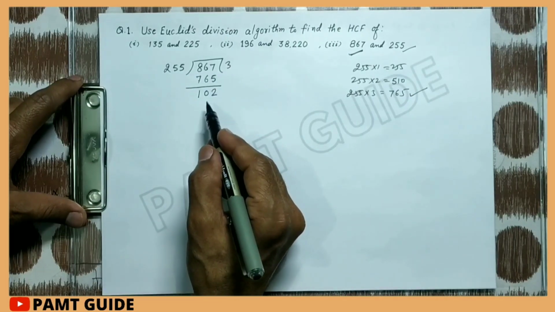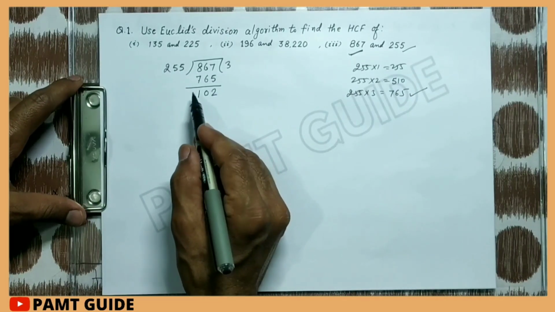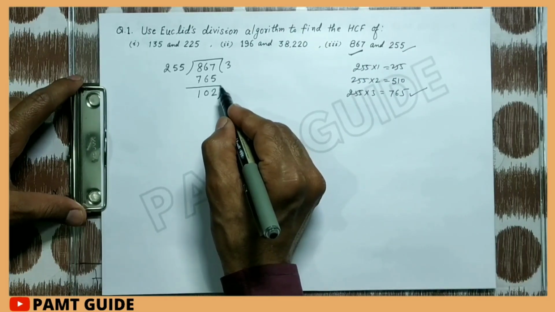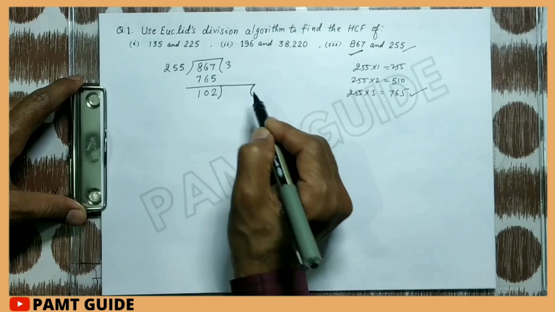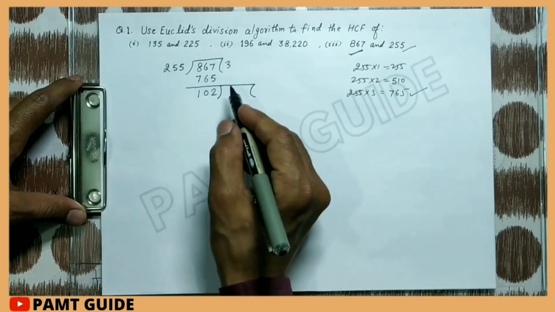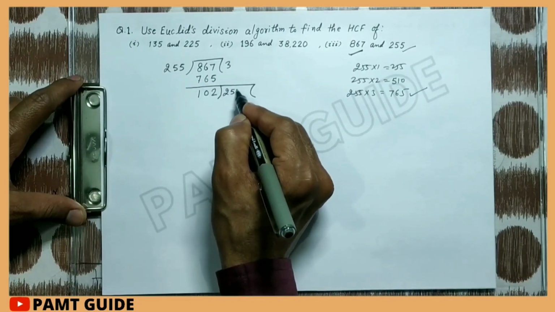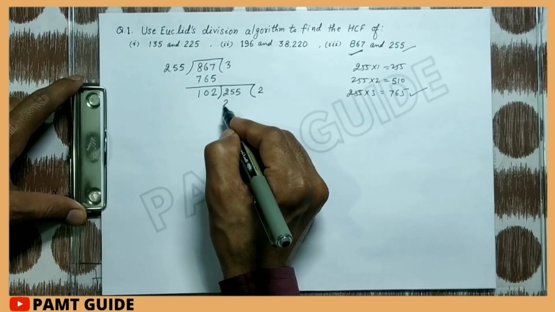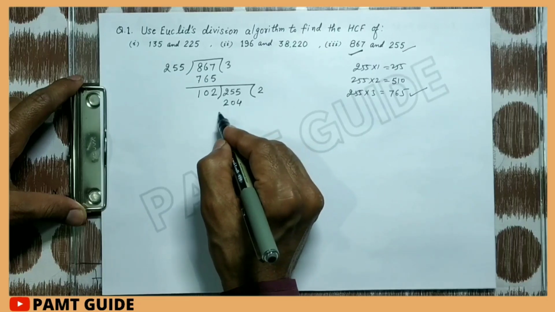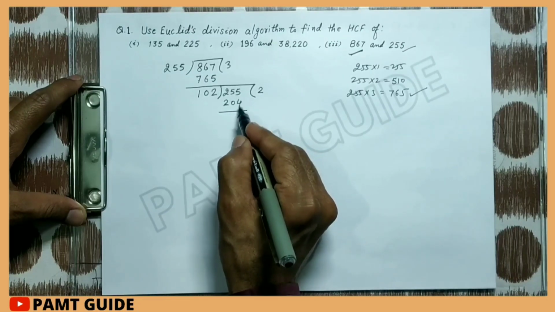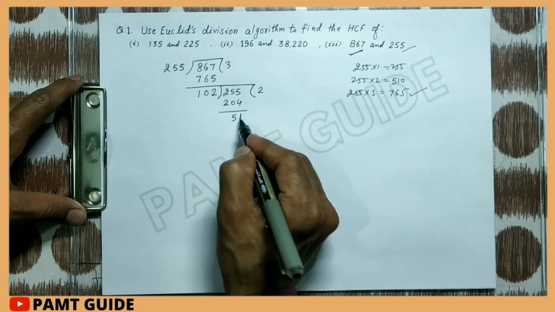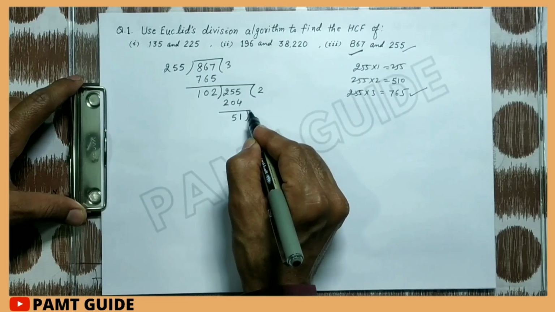Since the remainder is not 0, we go ahead. Unless the remainder is 0, we keep going. Now we make 255 the dividend. 102 2s are 204, and now we have the remainder 5 minus 4 is 1, 5 minus 0 is 5, 51 is the remainder.